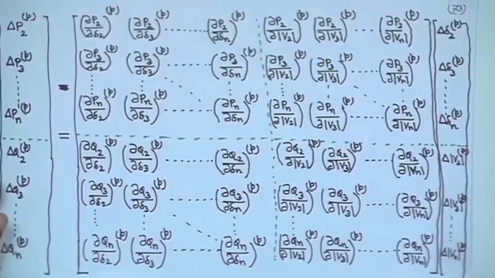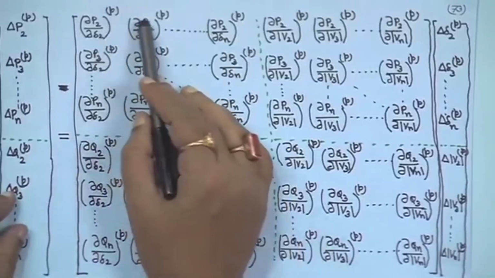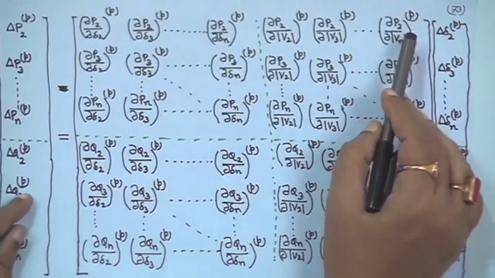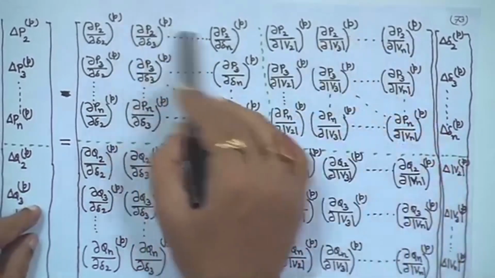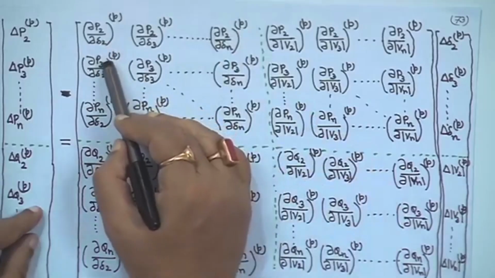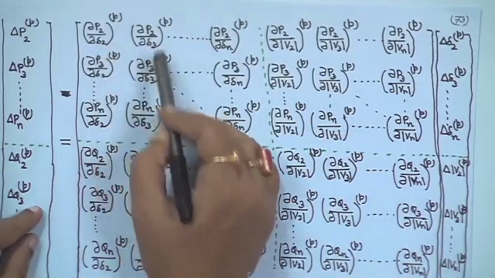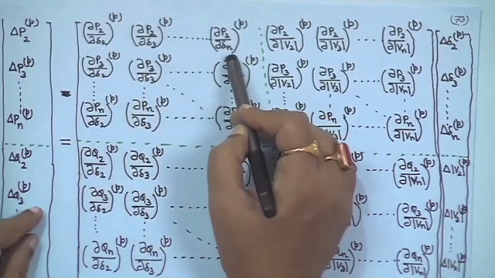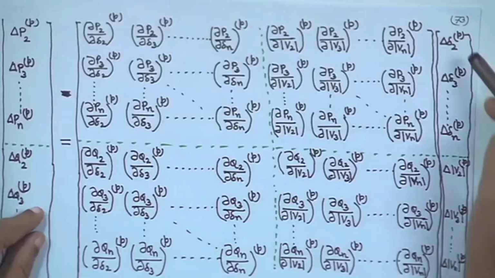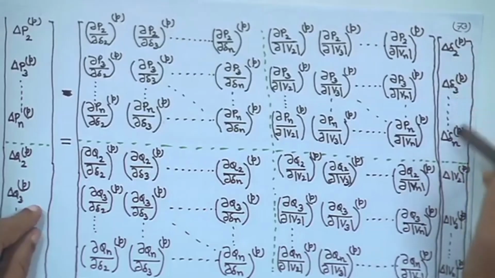This is ∂P_2/∂δ_2, ∂P_2/∂δ_3, ∂P_2/∂δ_n, right. Everywhere p means the iteration count, so I am not saying it again and again, but you can see it here. This is with respect to δ, and this side is Δδ_2, Δδ_3, Δδ_n.